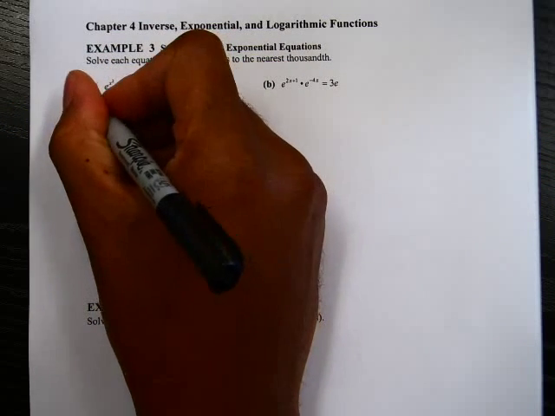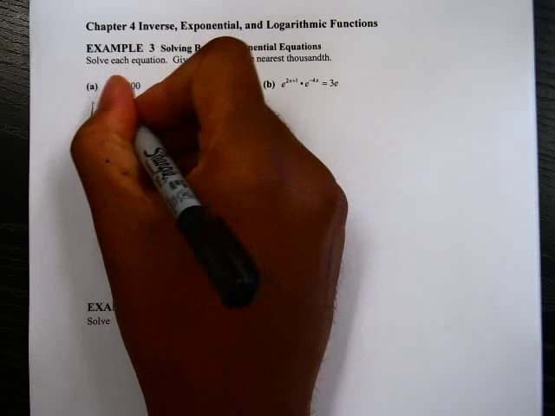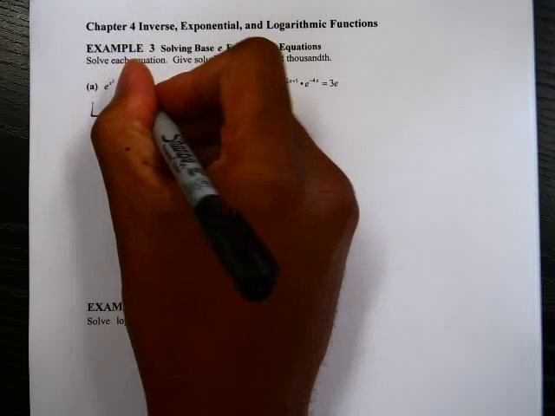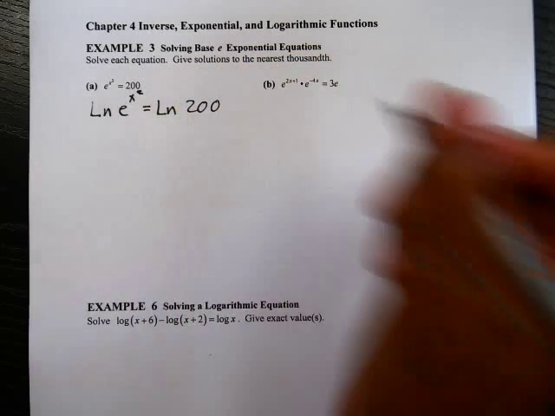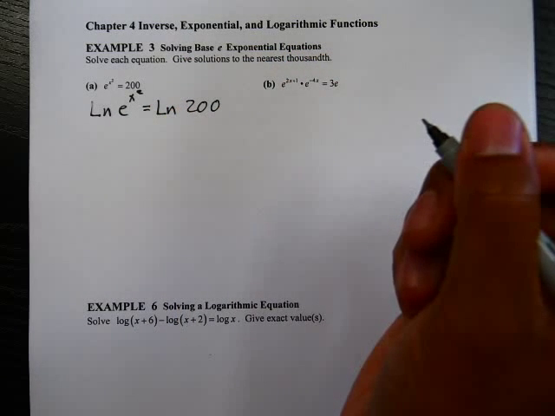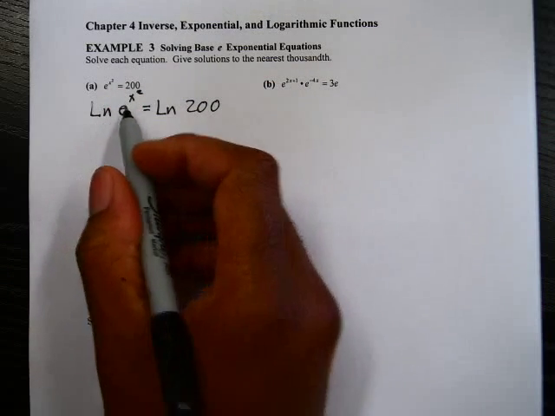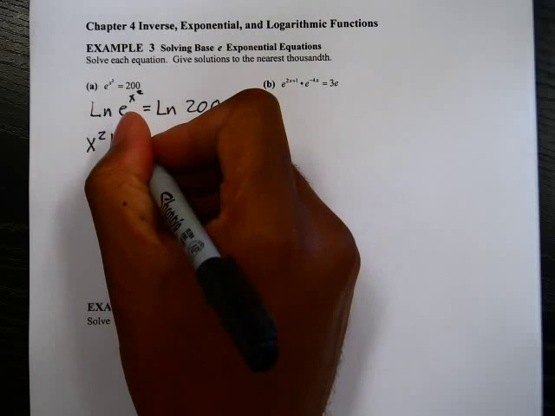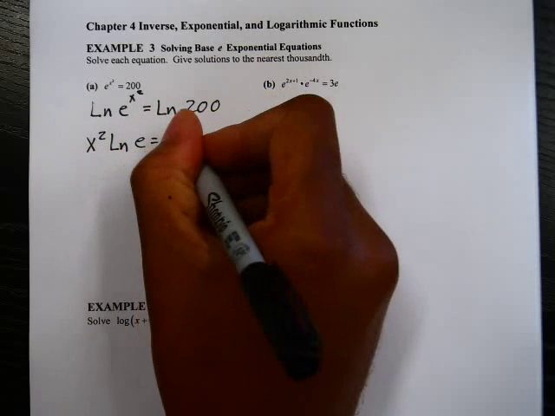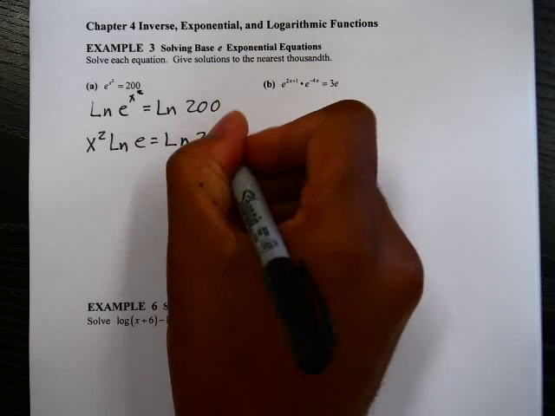So if I have e to the x squared equals 200, I would say the ln of e to the x squared equals the ln of 200. Now the power property of logarithms comes into play. So now this is x squared ln of e equals the ln of 200.